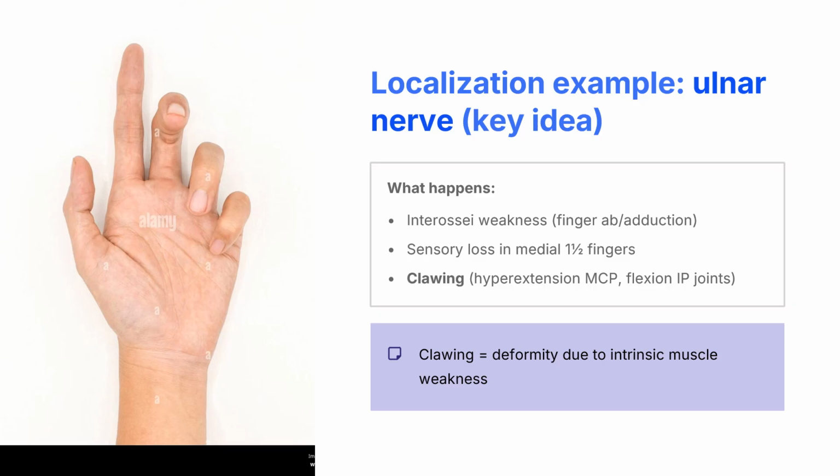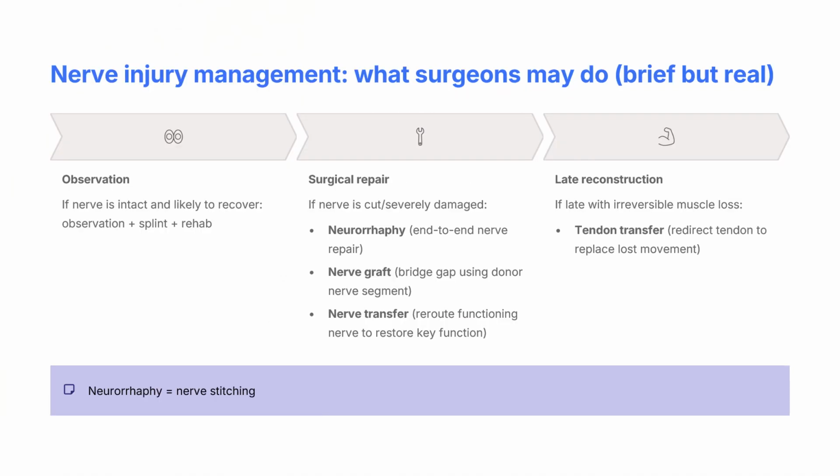Now let's see the surgical management of this. If the nerve is intact, the surgeons may observe with splinting, and physiotherapy rehab is done. But if there is a neurotmesis, that means a cut, the surgical repair includes neurorrhaphy, that means repair, nerve grafting, that means another part of the nerve is grafted there, or nerve transfer should be done.